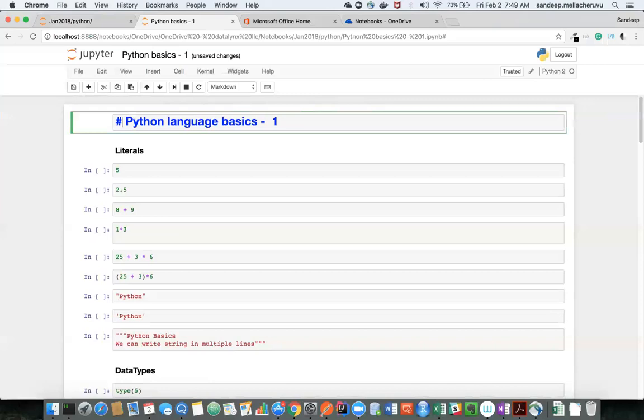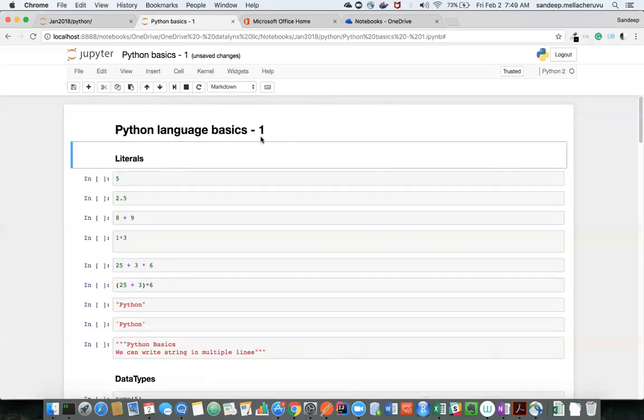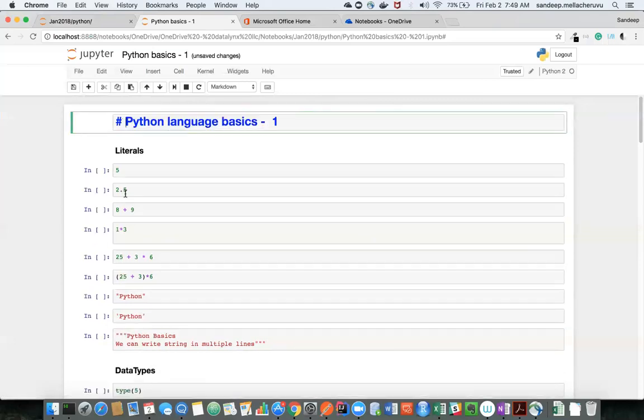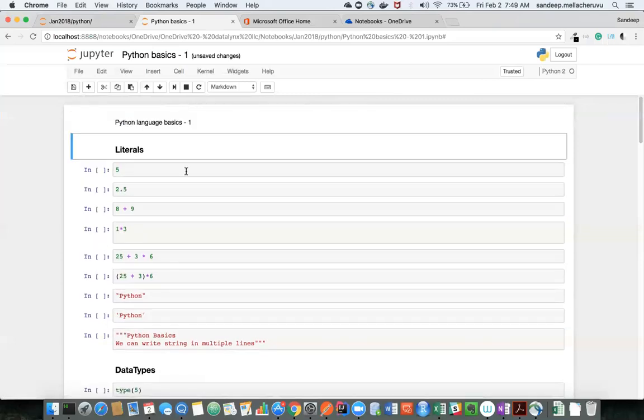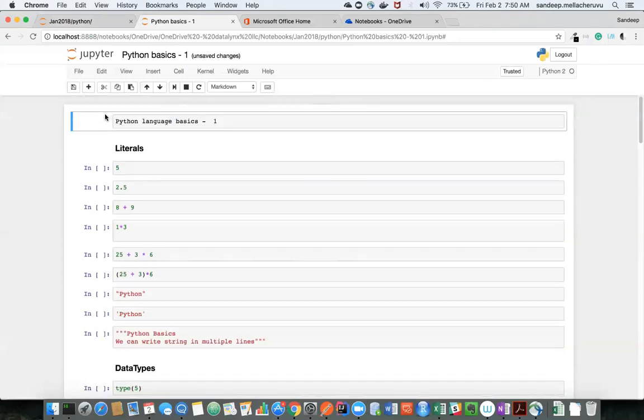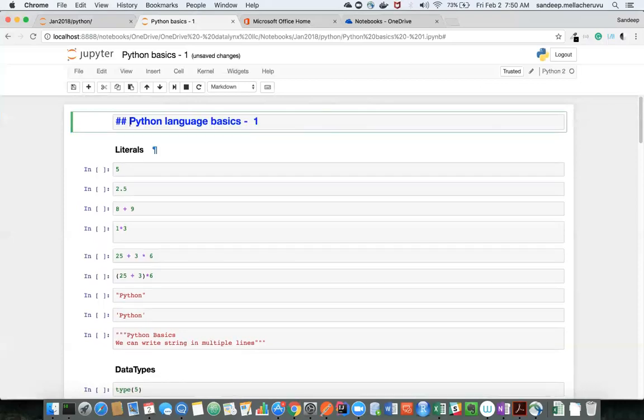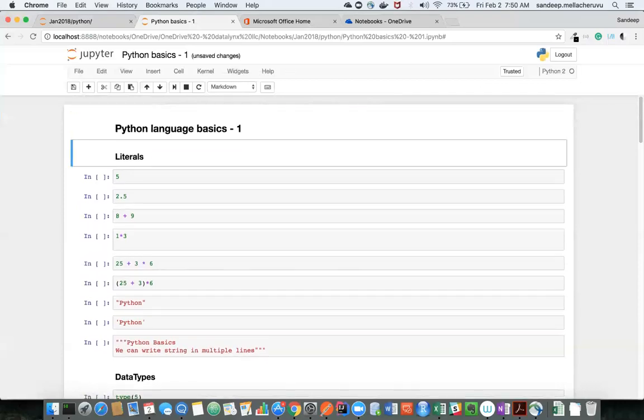Now I'm using only one hash, so it is very large. What if I don't use hash at all? It will become plain text. That's how markdown works. Markdown is more like your notes. Is that fine?